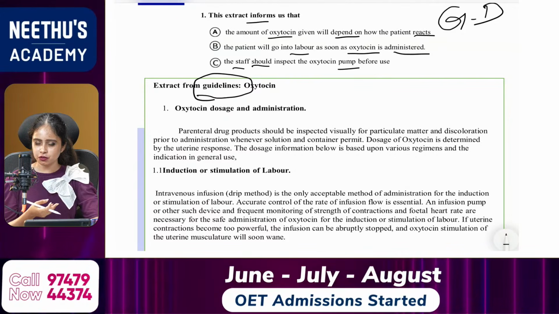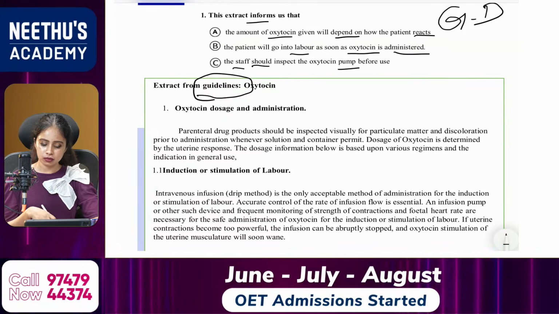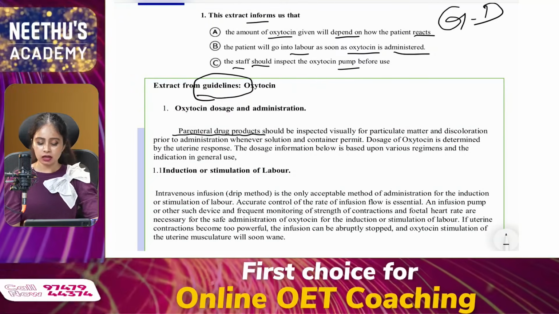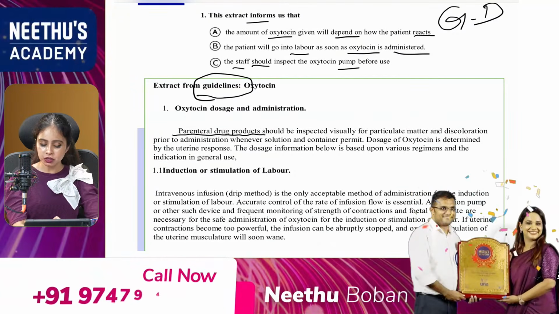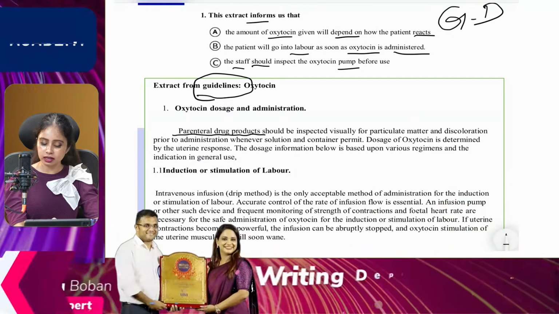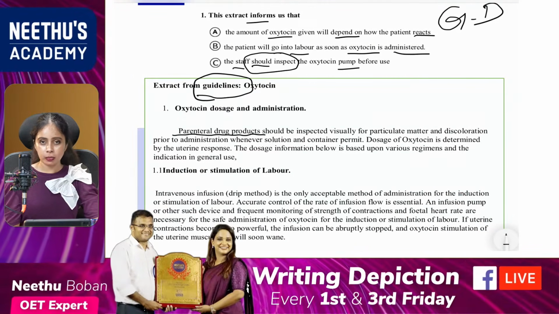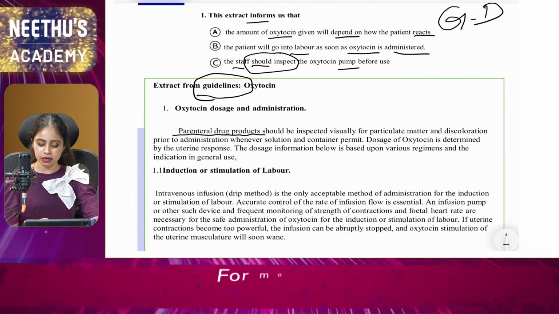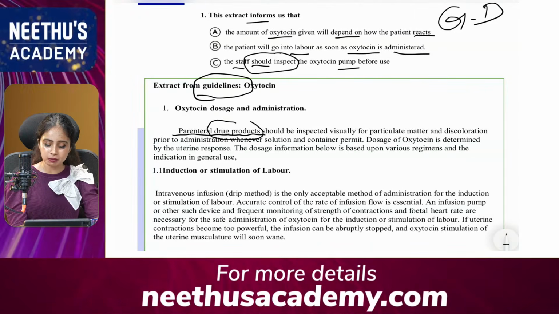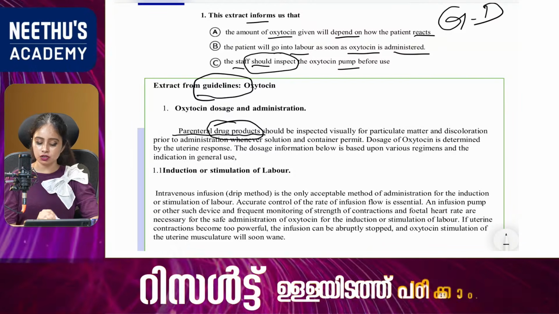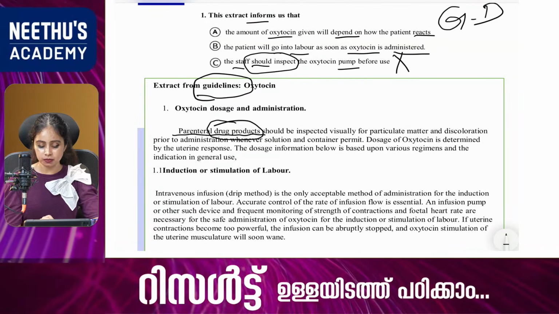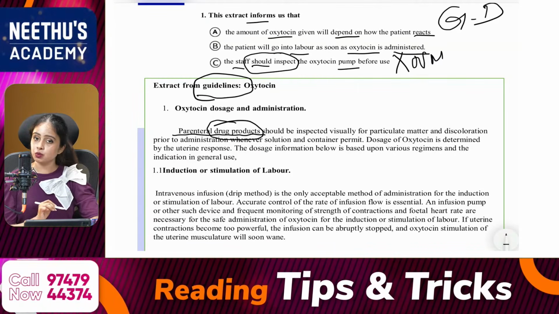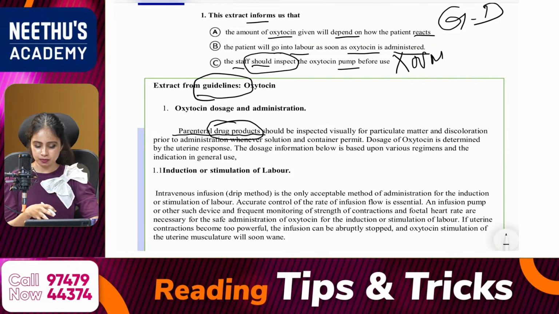Any clue towards any of the options can be eliminated. Parenteral drug products should be inspected. In option C they have mentioned should inspect, but nothing is mentioned about the pump, the oxytocin pump. It's all about medication products or drug products. So there is no connection with option C. We are eliminating option C because it is not mentioned anywhere regarding should inspect.